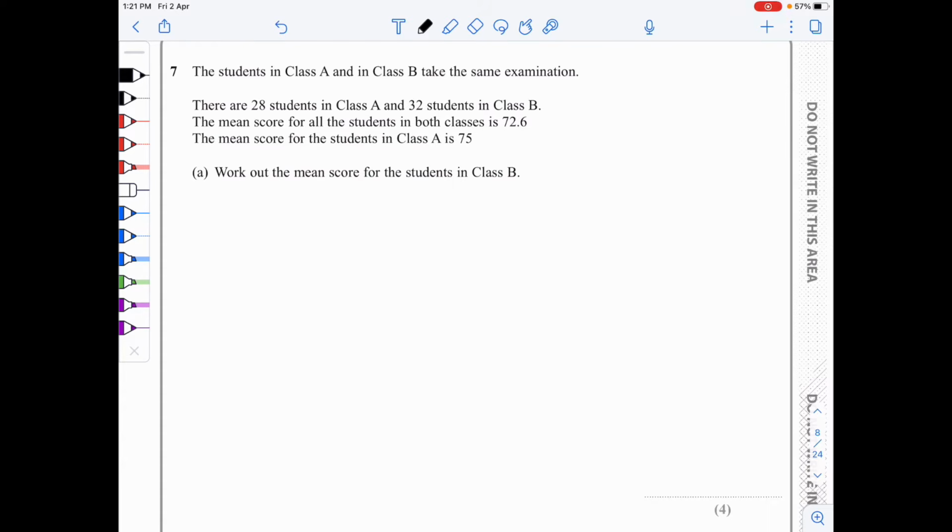So we can say that 75 times 28 plus the mean of B, I will call this x bar, times 32, over the total number of students, which is 28 plus 32, is 72.6.